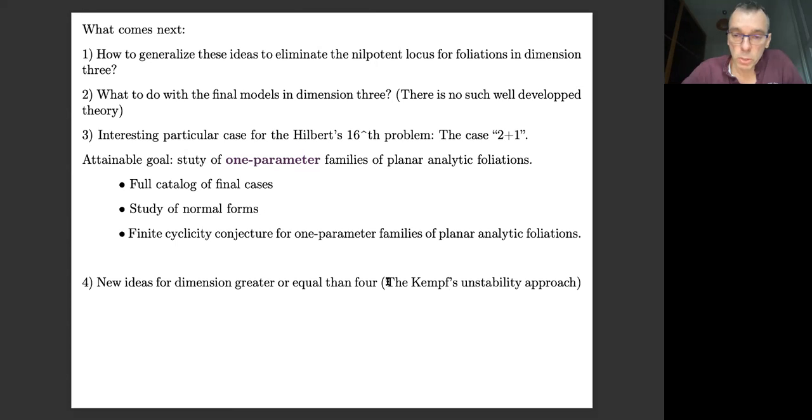And now I would like to propose a new approach, which is based on the Kempf instability theory. And here there is a very strong analogy with something which appears in geometric invariant theory.